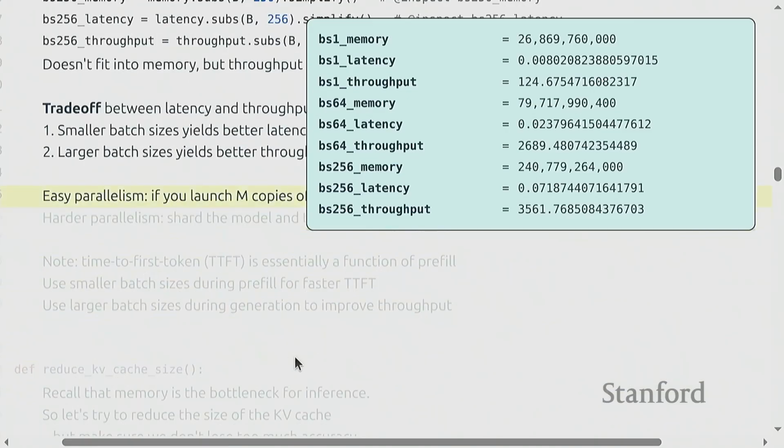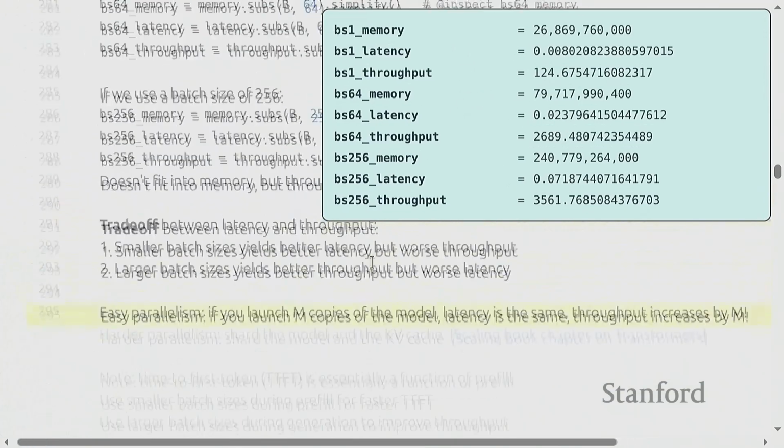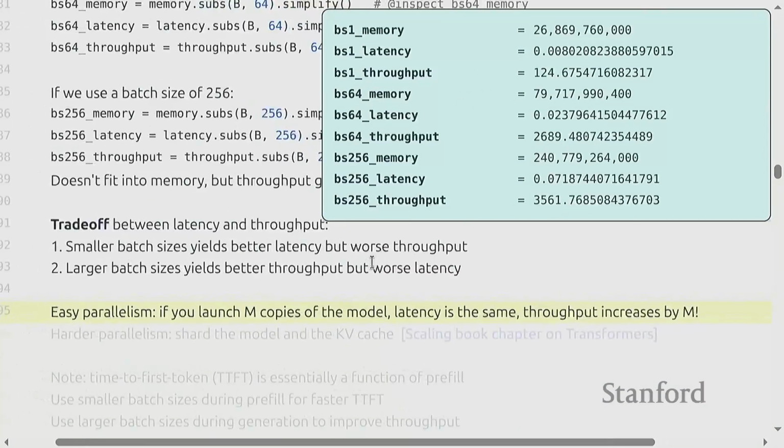Now, there are cases where if you have a large enough model, then maybe it doesn't even fit on a single GPU, and you need to shard the model. And in this case, you also want to start sharding the KV cache in some cases to get better efficiency. So for more details, check out this book chapter.